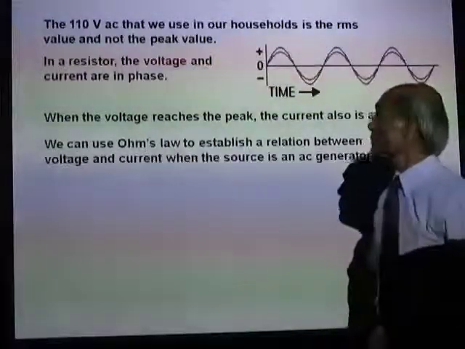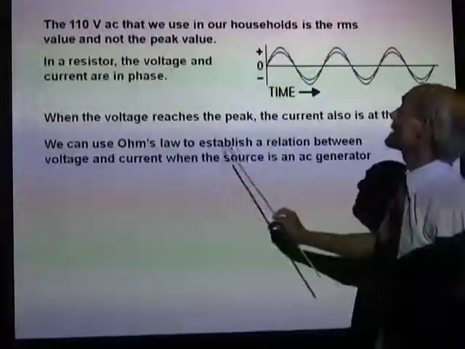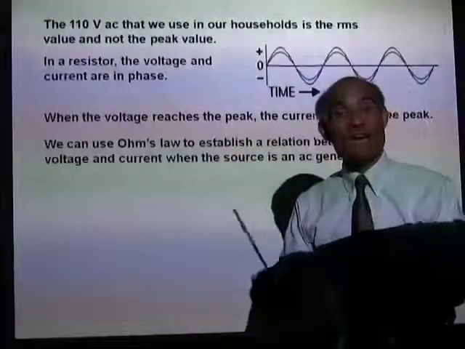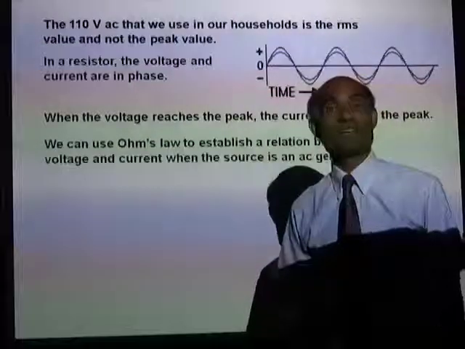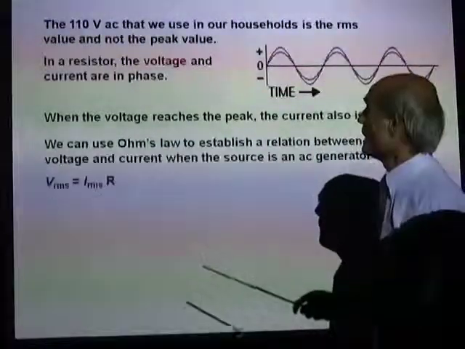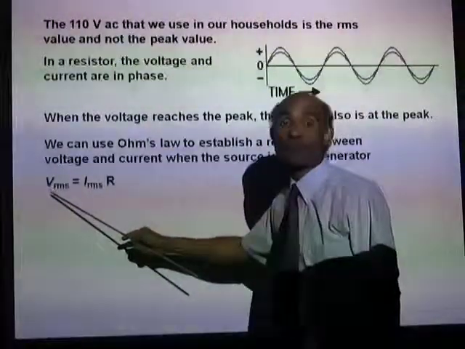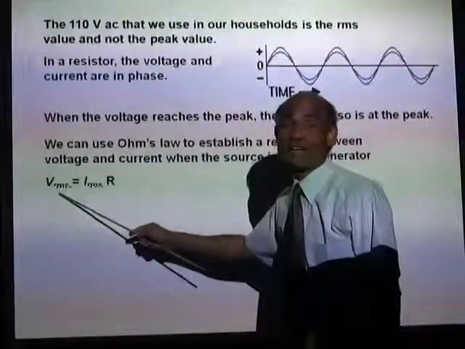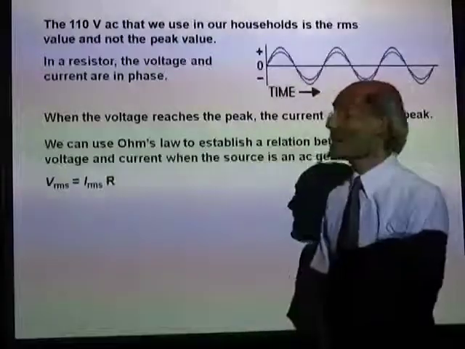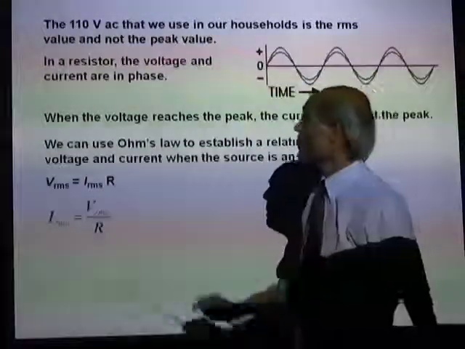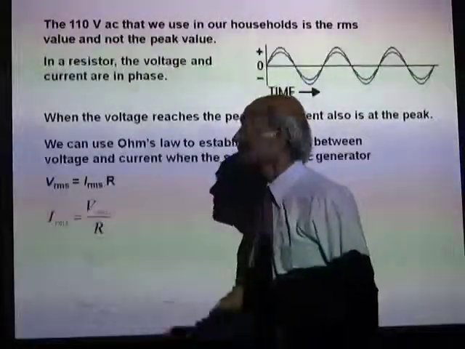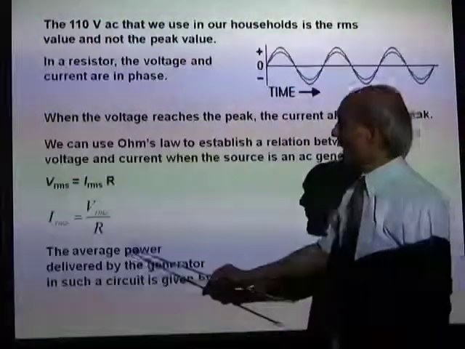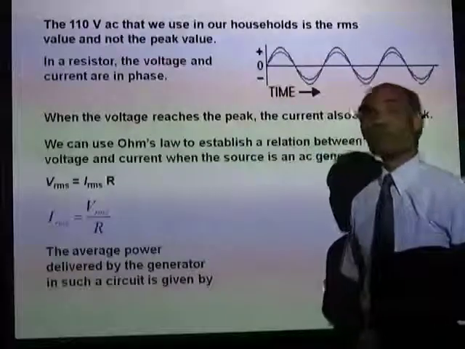Now, we can use Ohm's law to establish a relation between voltage and current. Yes, when an AC passes through a resistor, we can use Ohm's law, and that will give us a relation between V RMS and I RMS, as V RMS equal to I RMS times R, or I RMS equal to V RMS divided by R. How about the average power?